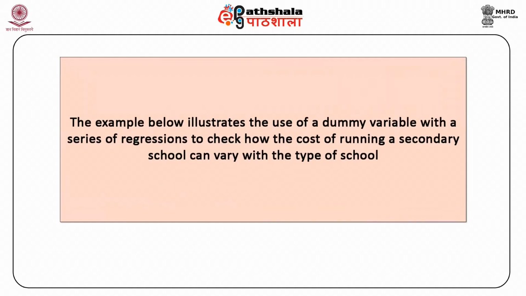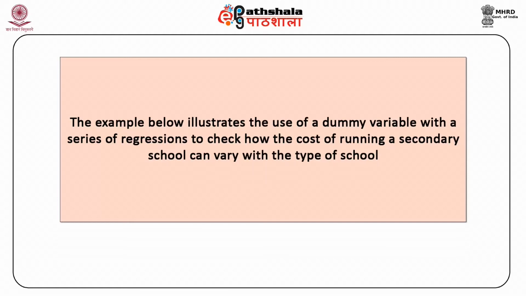In this example, we illustrate the use of a dummy variable with a series of regressions to check how the cost of running a secondary school can vary with the type of a school.